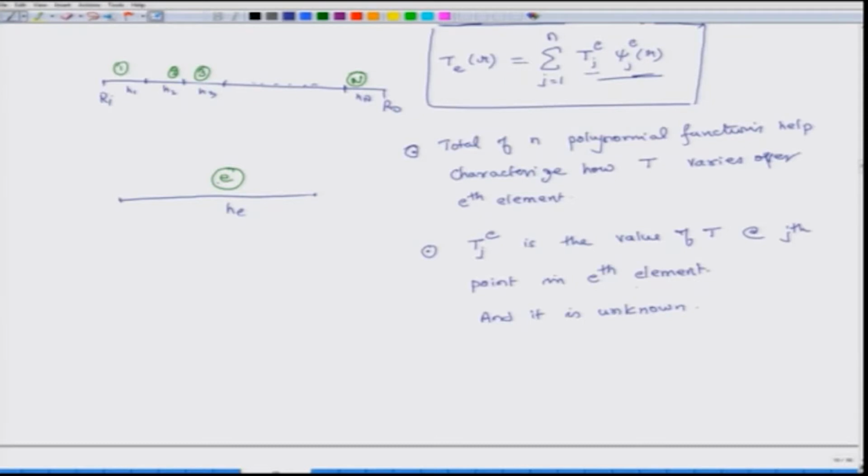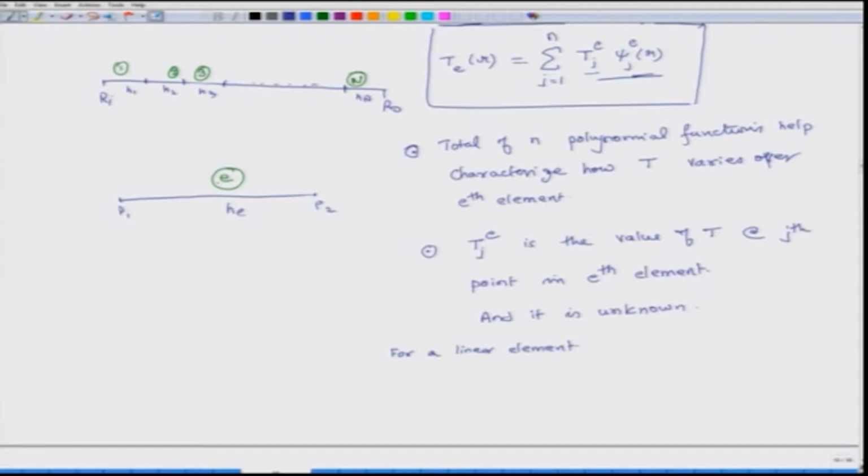Now, what you are seeing here is there are only 2 points. Let us say this is P1 and this is P2. But we have n such functions. So, what are the other points? For a linear element, where the value of T is changing linearly over its length, we have to know the value of T at 2 points.